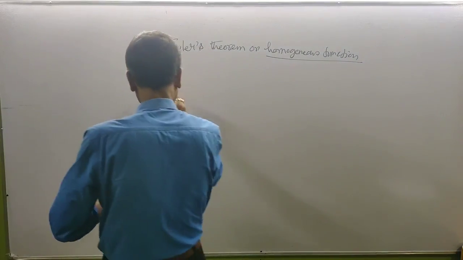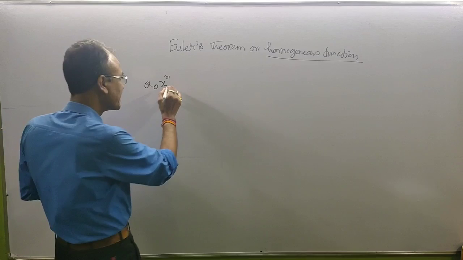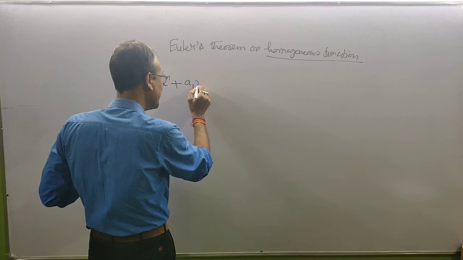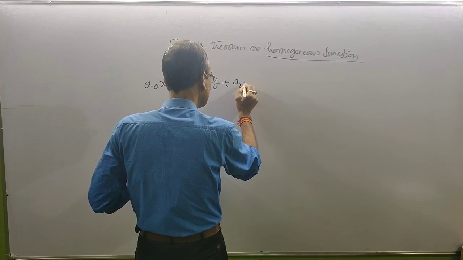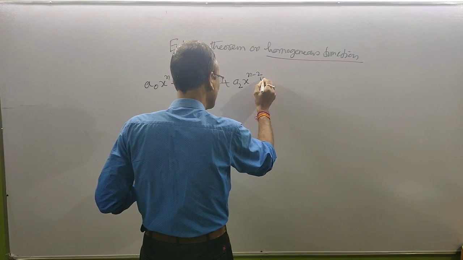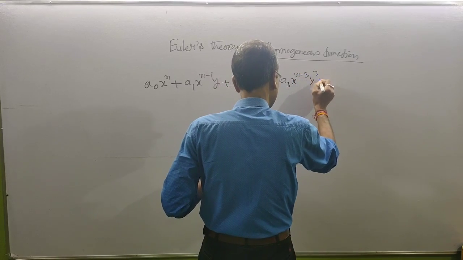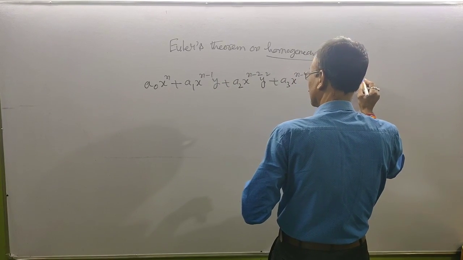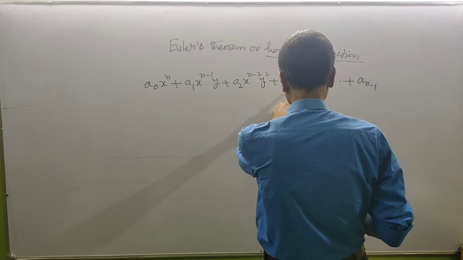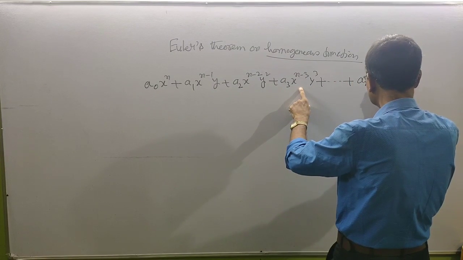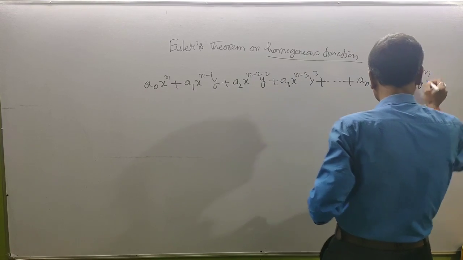Consider an expression a naught x to the power n, plus a1 x to the power n minus 1 y, plus a2 x to the power n minus 2 y square, plus a3 x to the power n minus 3 y cube, plus and so on, plus a n minus 1 x y to the power n minus 1, plus a n y to the power n.